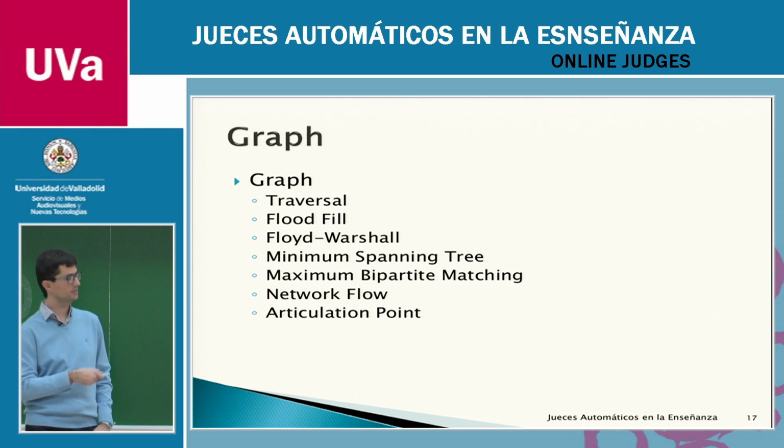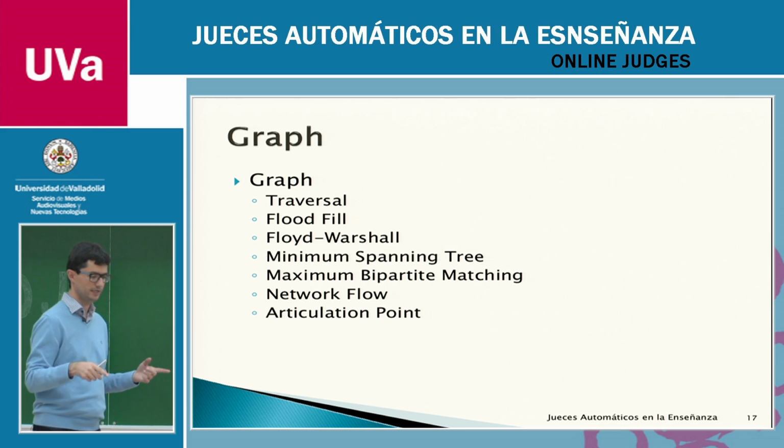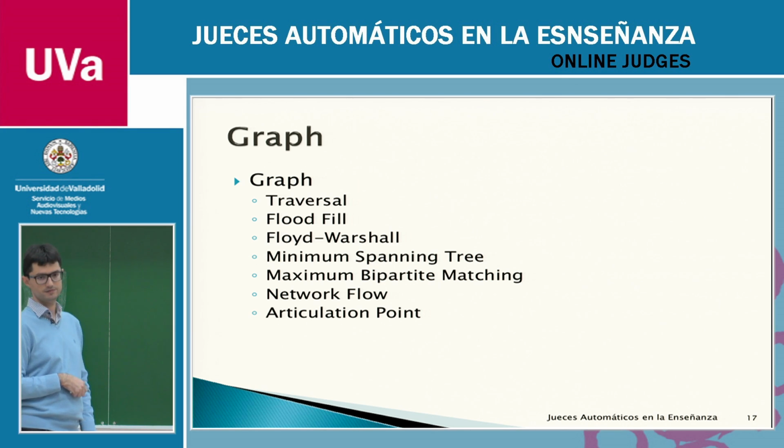Another classical thing is to find a spanning tree. Maybe you have a graph and you want to find a way to connect all the nodes in the graph. This is the best way. This is what telecommunications companies usually do when they want to connect cities using fiber or whatever.